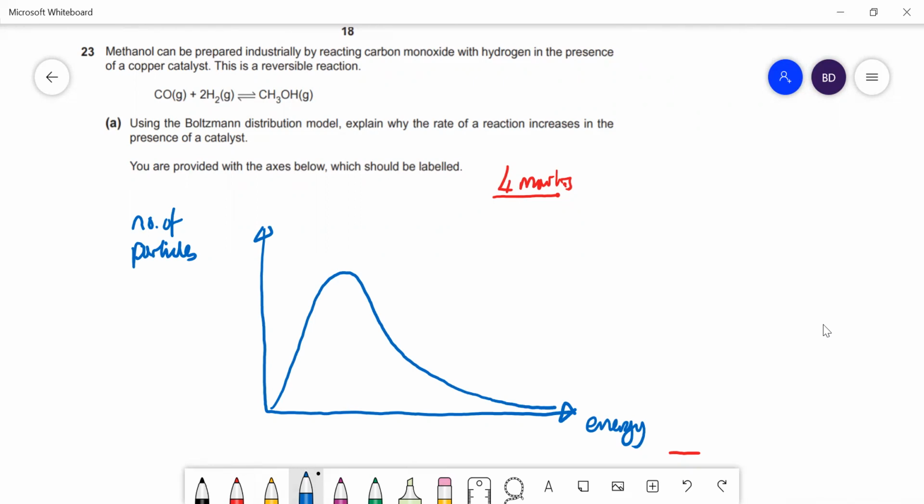Now what we need to say there is, well, let's say that this energy here is the activation energy normally, and let's say this is the activation energy with a catalyst. Right, now the only molecules that can react are the ones with greater than activation energy. So without a catalyst, the proportion of molecules that can react is the area under the curve, the red area.